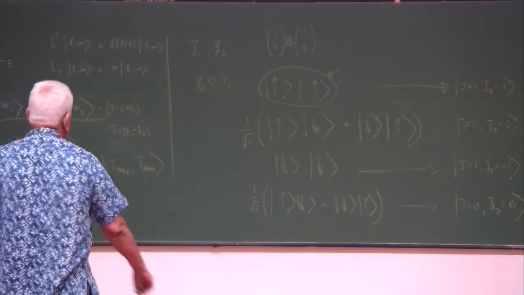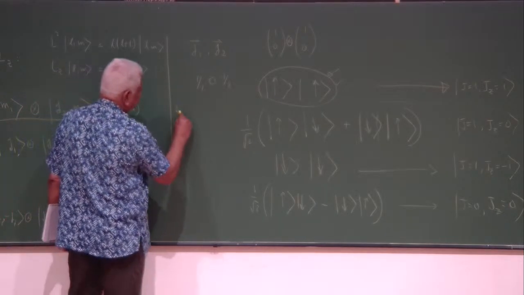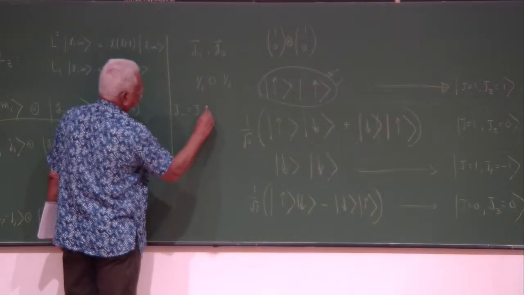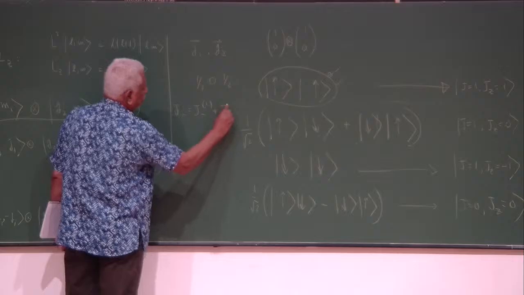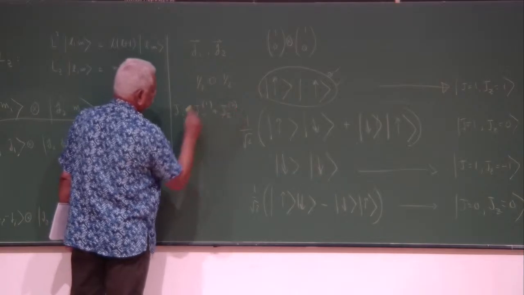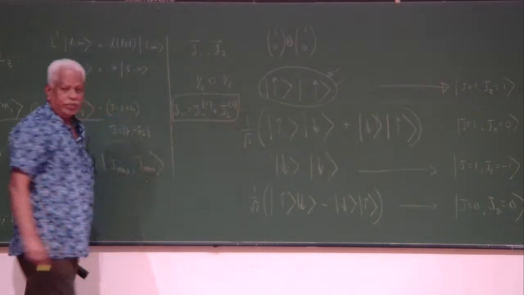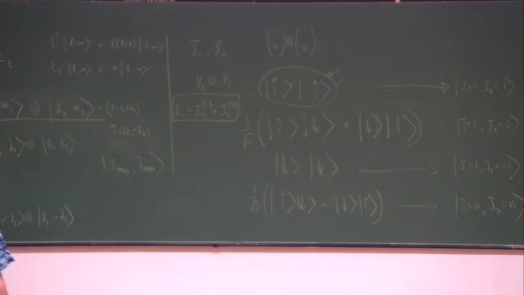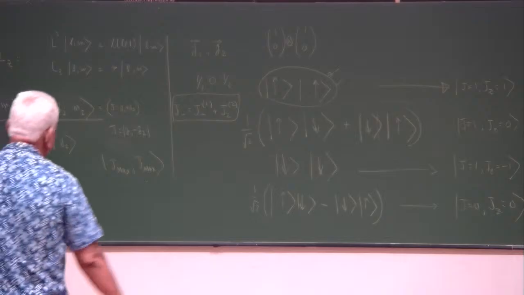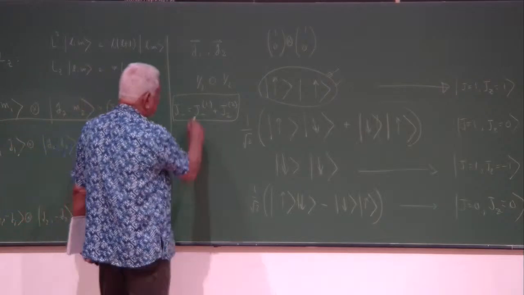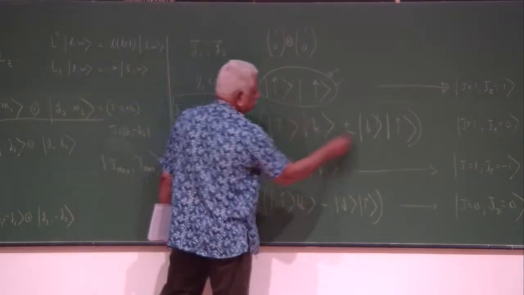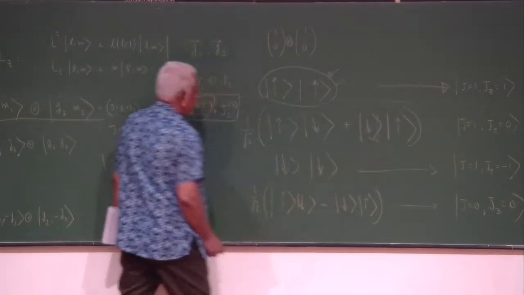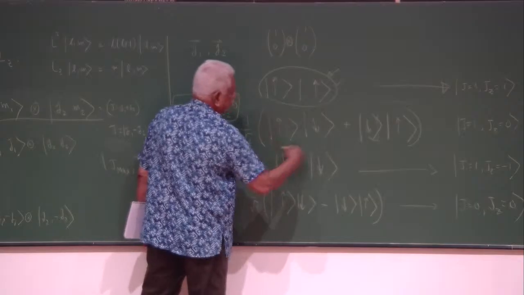So the J minus of the total is J minus 1 plus J minus 2. I take this, right? J minus of 1 plus J minus of 2. So I act on that. When I act on this by this, I will get this state. This one will give me this state and this one will give me this state.